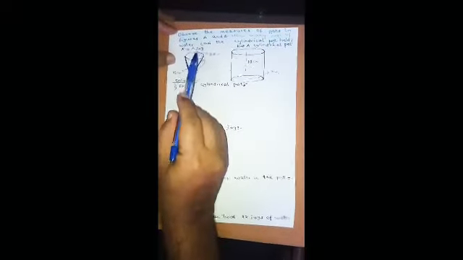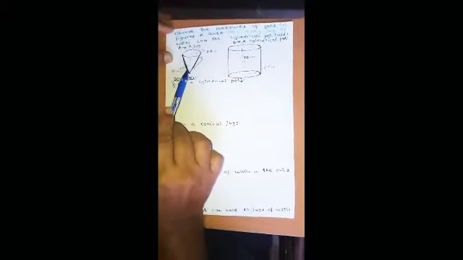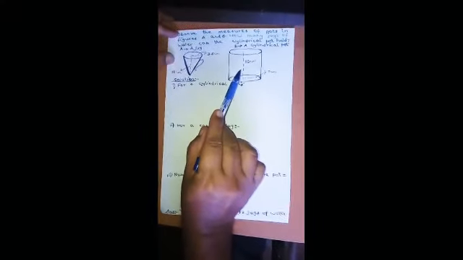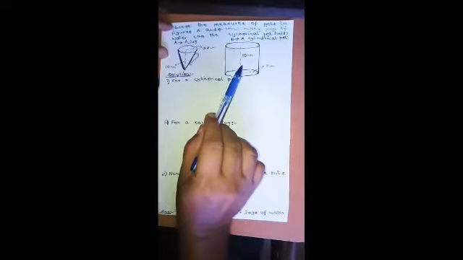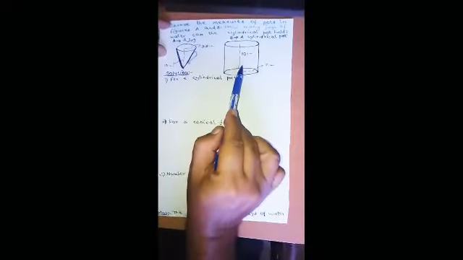In this sum, there are two figures given. Figure A is a conical jug and figure B is a cylindrical pot. The question asked in this sum is how many jugs of water can the cylindrical pot hold?